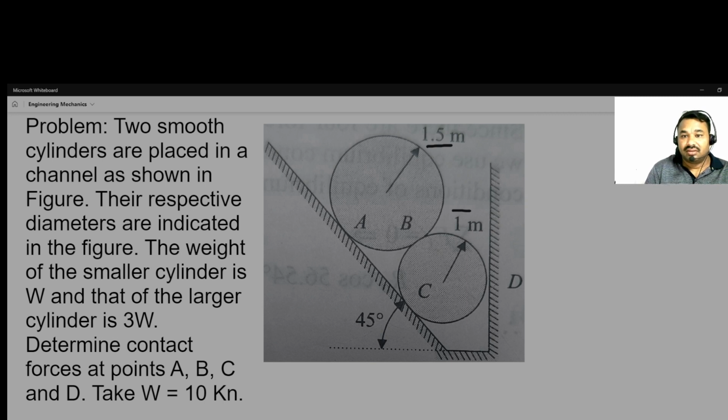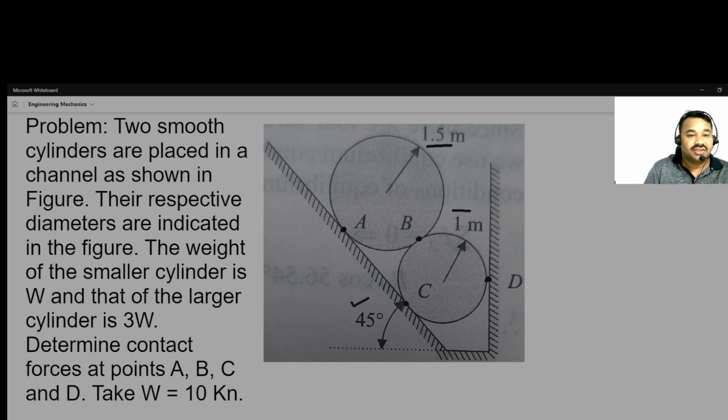Both are fitted inside the channel, and the channel is inclined with the horizontal axis at 45 degrees, and there are four contact points, A, B, C and D.